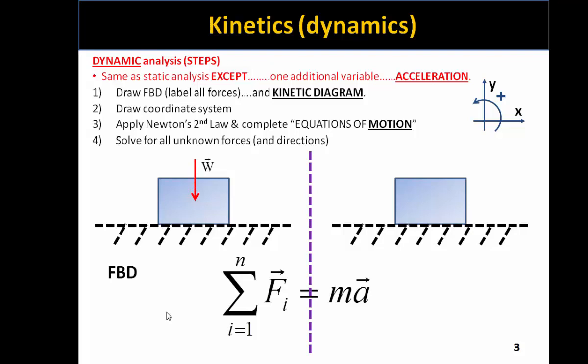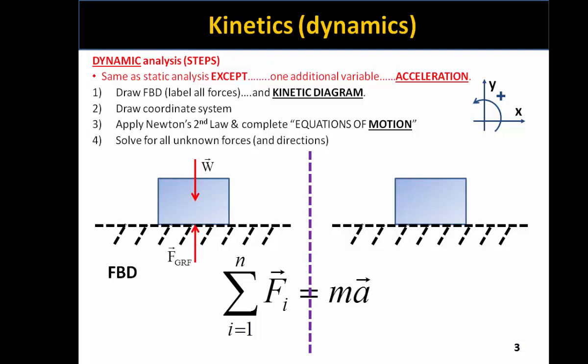So starting with our free body diagram, we know that the box has mass, therefore it will be influenced by the force of gravity, and we draw that force vector through the estimated center of mass. And because this is a box of uniform material distribution, the center of mass is right in the middle.